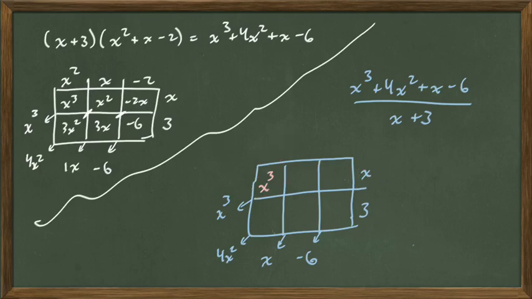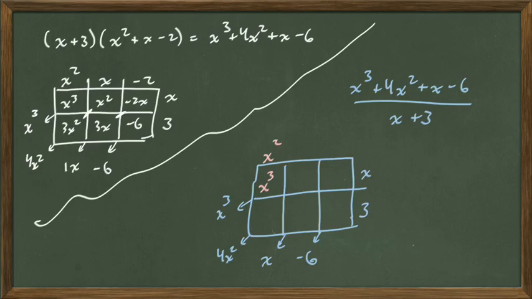X squared. So we would put x squared right here. And now, what's the next box we can fill in? It's like a puzzle box. Yeah, we could totally do the -6, but I recommend not doing that guy just because sometimes there's remainders. And if there's a remainder, you don't want to fill this guy in right here because he actually won't go there because he could be a remainder.